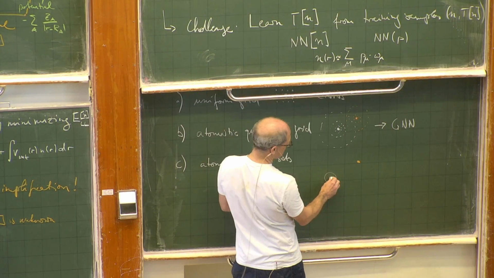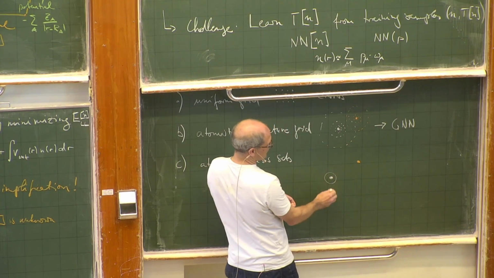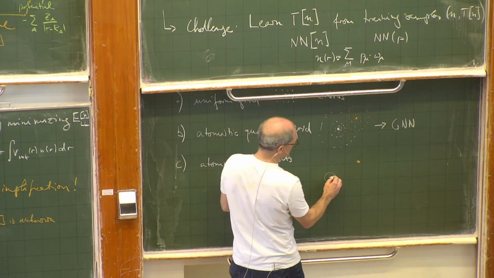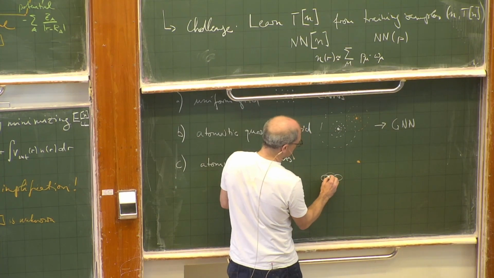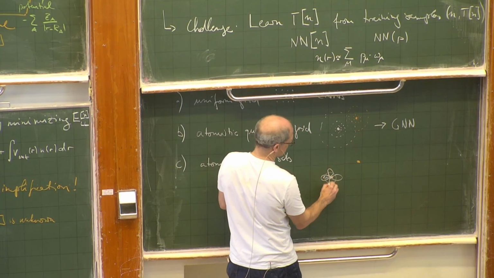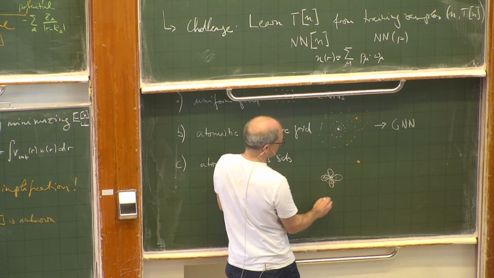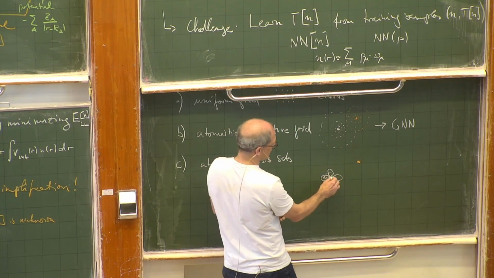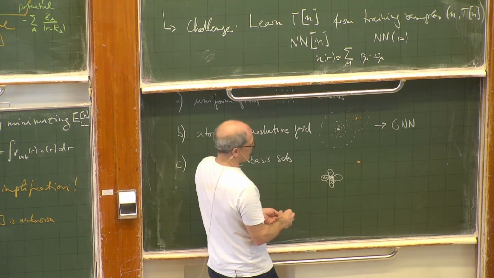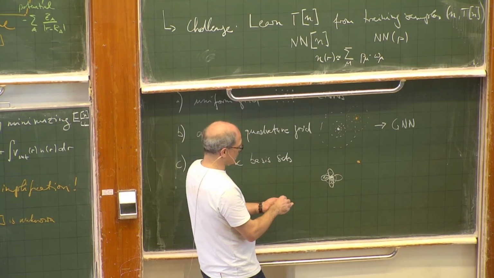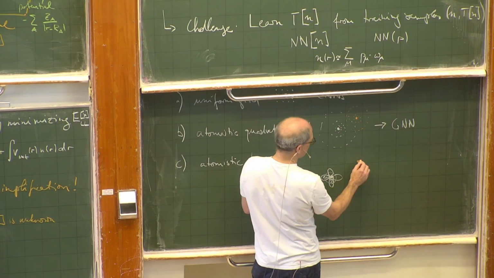So for example, we would have these scalar functions, the L equals 0 type. We would have the L equals 1 type. The third one points out of the plane here. We would have the L equals 2 type and so on. And we would do the same for each atom.